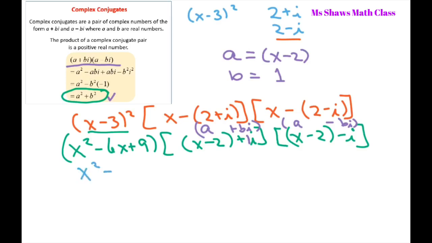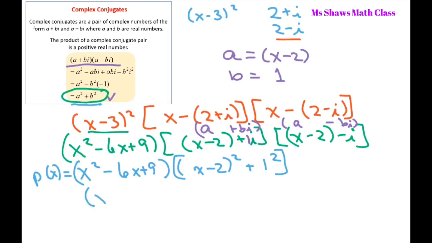x squared minus 6x plus 9. Again, this is our polynomial we are forming. And now I'm going to do my a squared plus b squared. My a is x minus 2, square it, plus b, which is 1, square it.